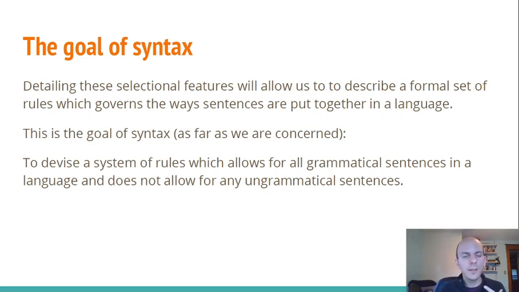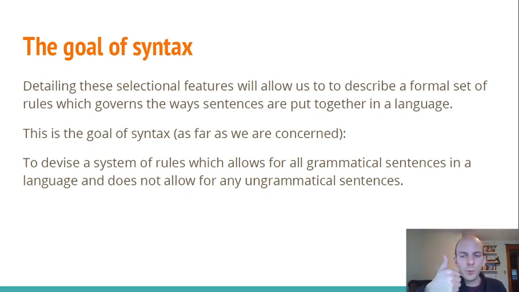some of these morphosyntactic categories and these selectional features, we're going to see that what we're after is a system of rules which allows us to do two things. It allows us to produce or generate all the grammatical sentences in a language. Take English for an example, although this is broader than just English.